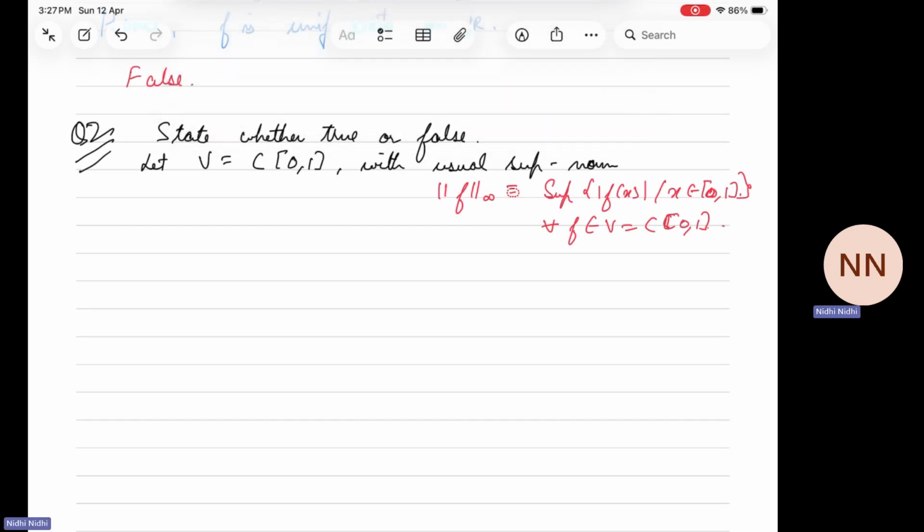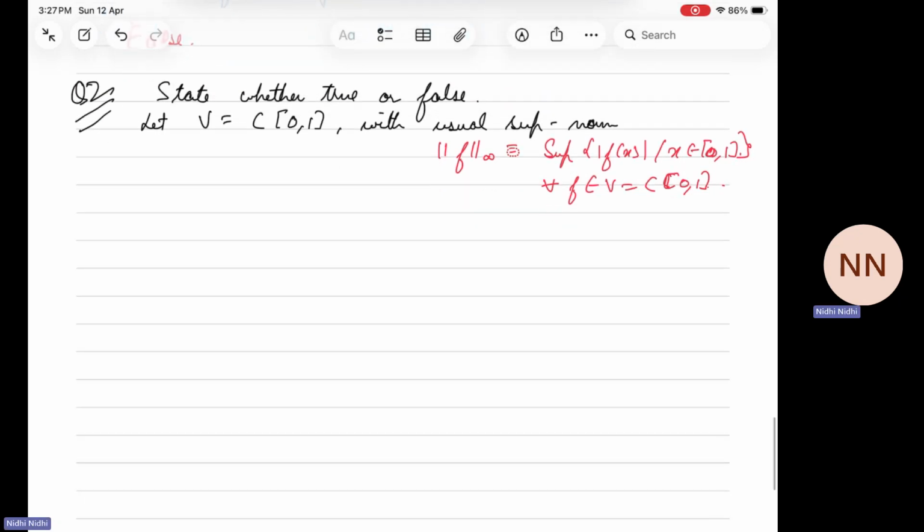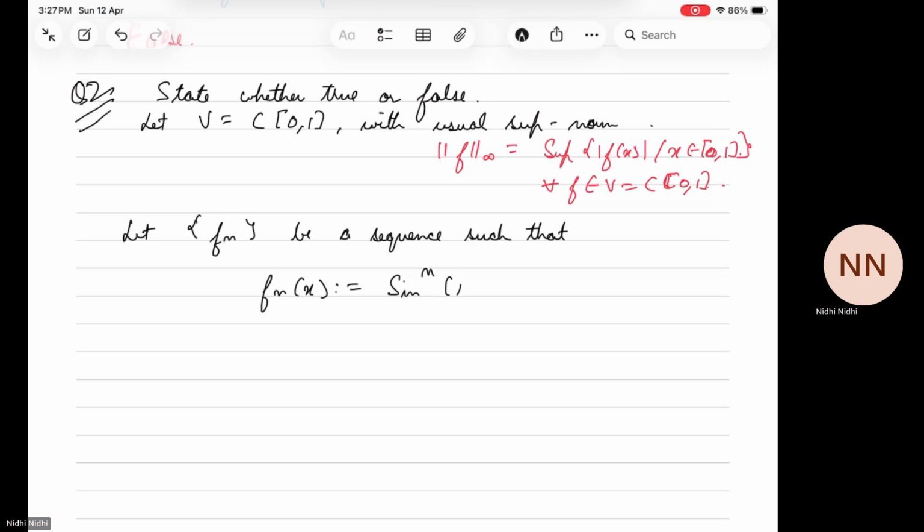Okay, so now let Fn be a sequence in this vector space, that means a sequence of continuous functions, such that each of these Fn is defined to be equal to sine to the power n, pi x.